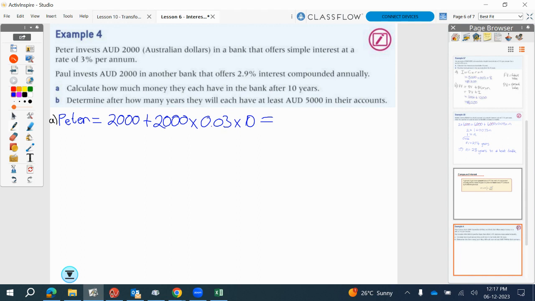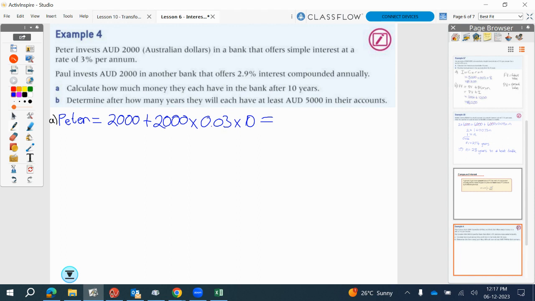Put this into our calculator, what do we get? 2,600. Can we put it into the calculator, please, everybody? Sir, question. It says after 10 years, so would that be 11? That would be 10.